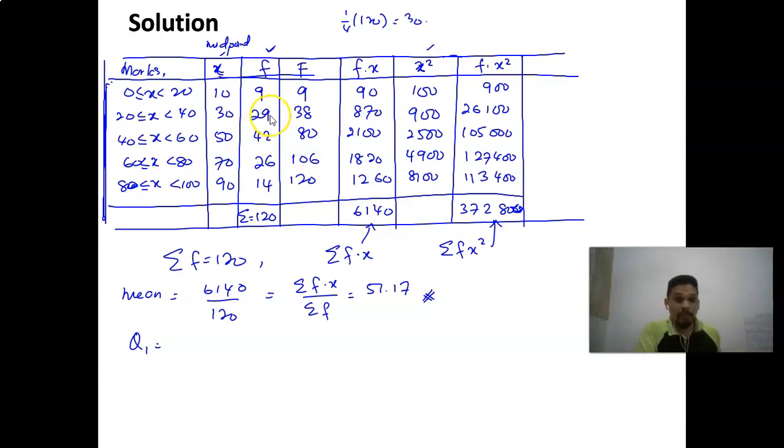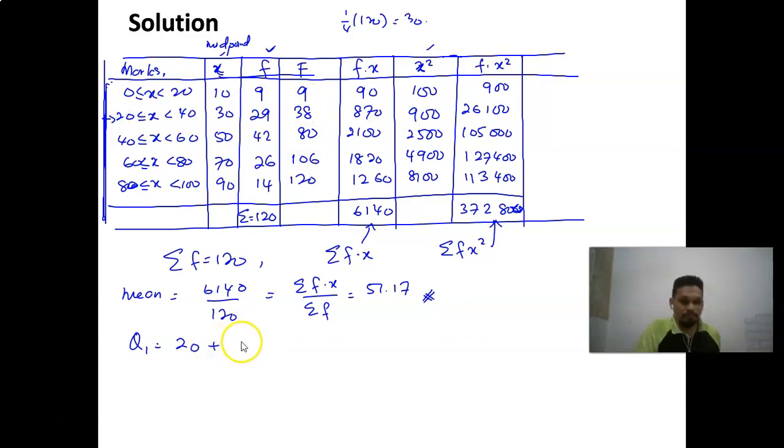The class size equals 20, because 30 lies before the cumulative frequency of 38, between 9 and 38, so this is our target class.